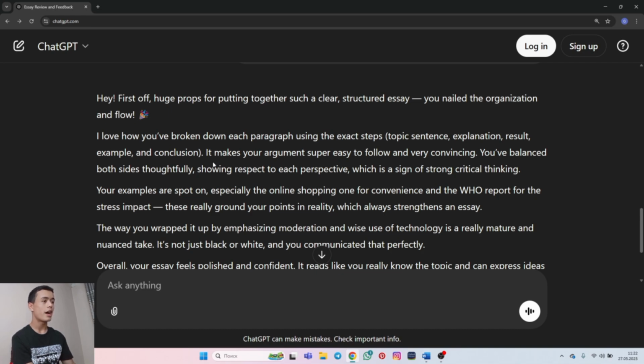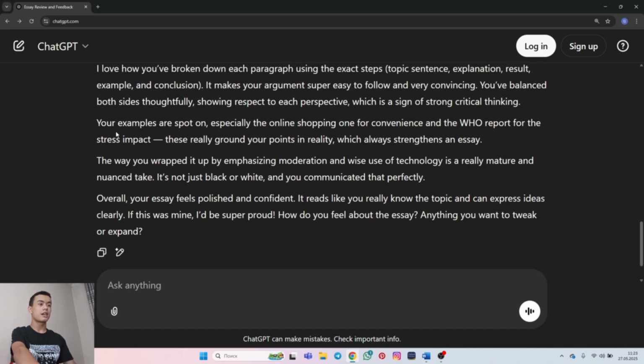Your examples are spot on, especially the online shopping one for convincing, and the World Health Organization report for stress impact.